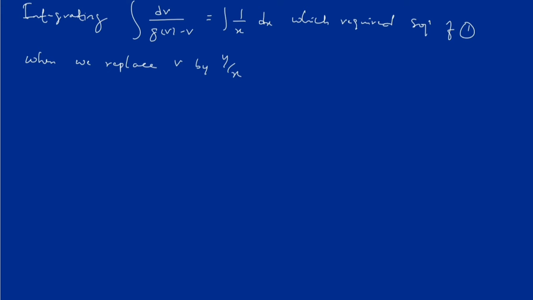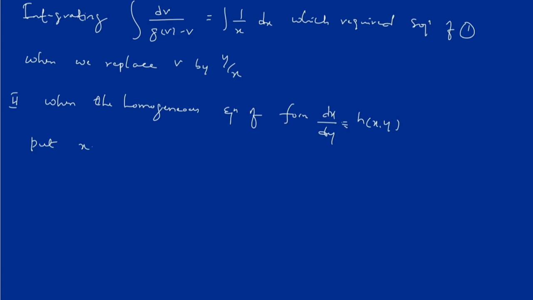Case 2, second type: when the homogeneous equation is of the form dx by dy equals h of x comma y. Earlier that was dy by dx equals f of x comma y.